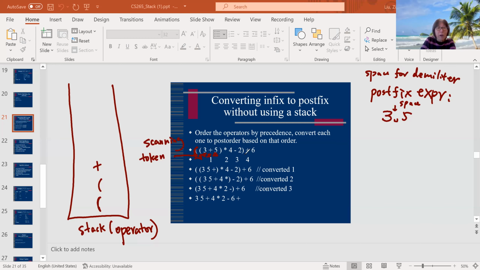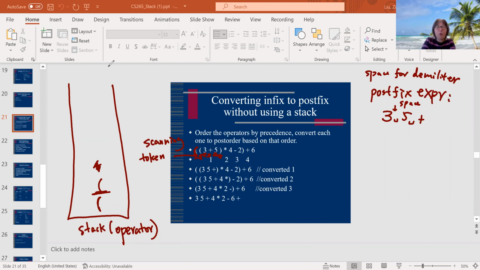Okay, and then what next is right parenthesis. If it's right parenthesis, that means you need to do some calculation. So what you need to do is pop the operators out of the stack and apply them to the postfix until you reach one of the left parentheses.